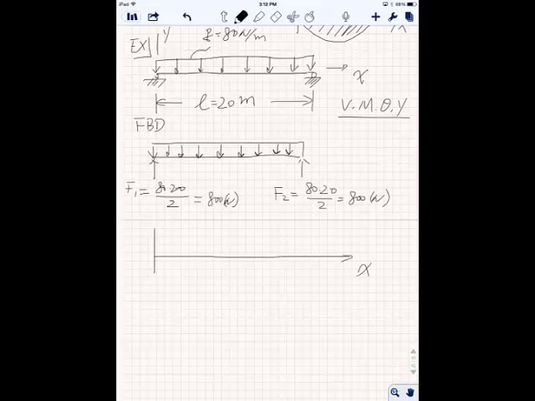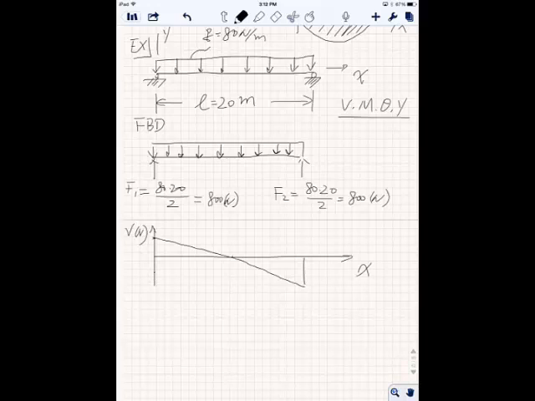First of all, let's look at shear force as a function of distance. We know shear force is very easy, right? So here you have 800 newtons, and you have a discrete load of 80. So it just looks like this.